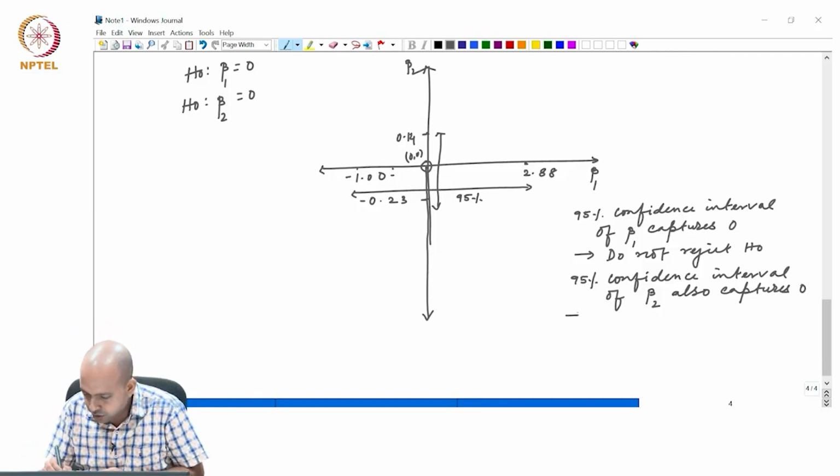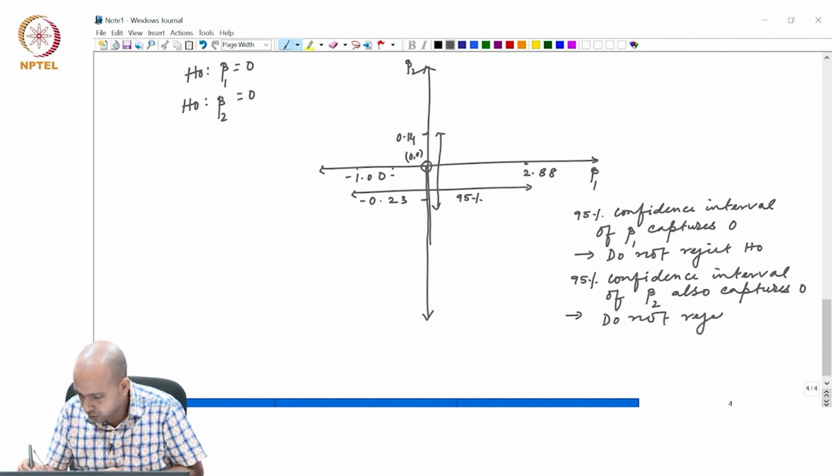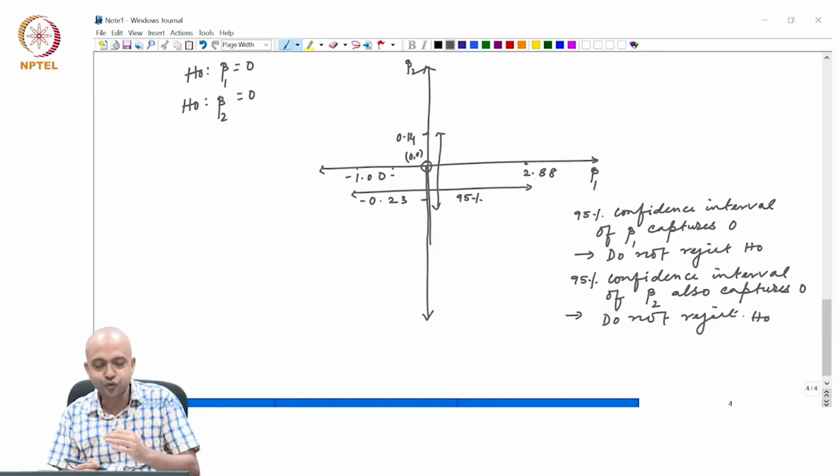And what is the solution then? Do not reject H naught. So, as a result of which both income and wealth become insignificant.